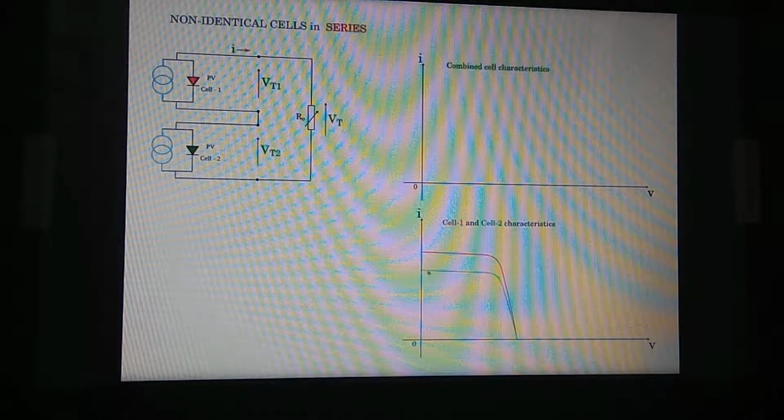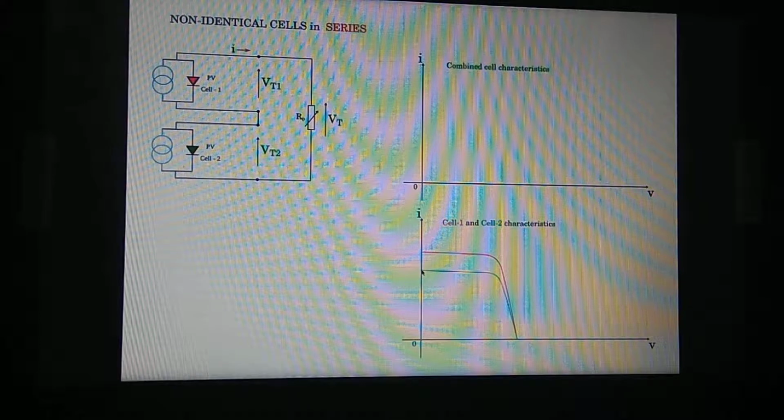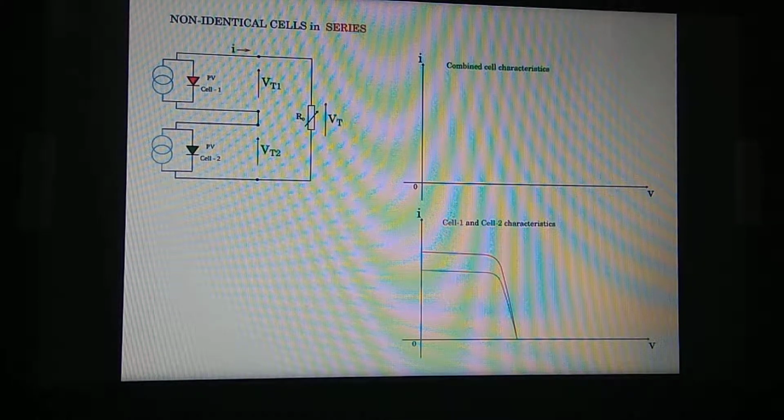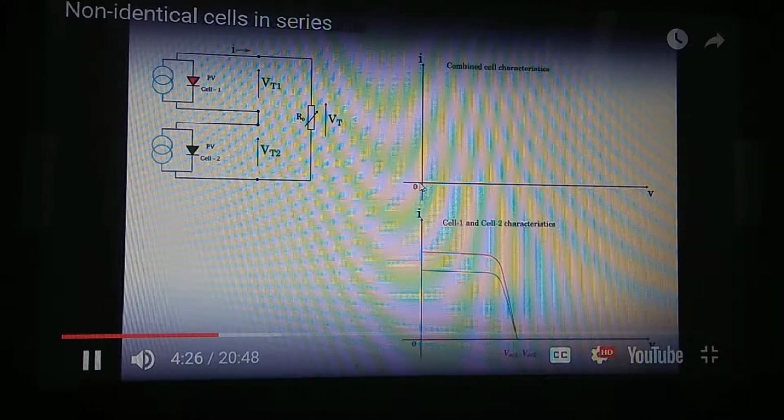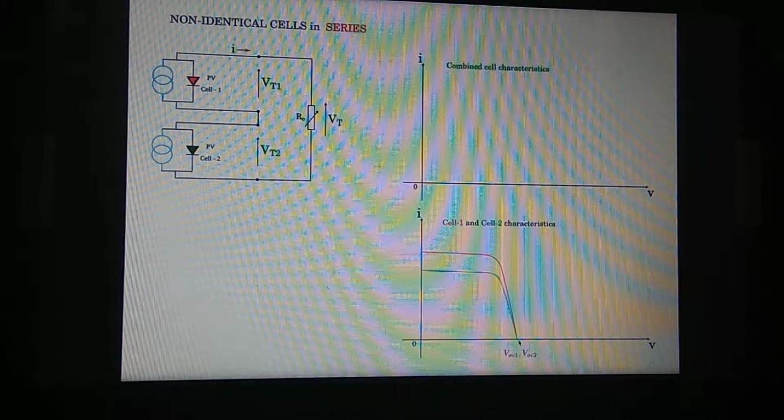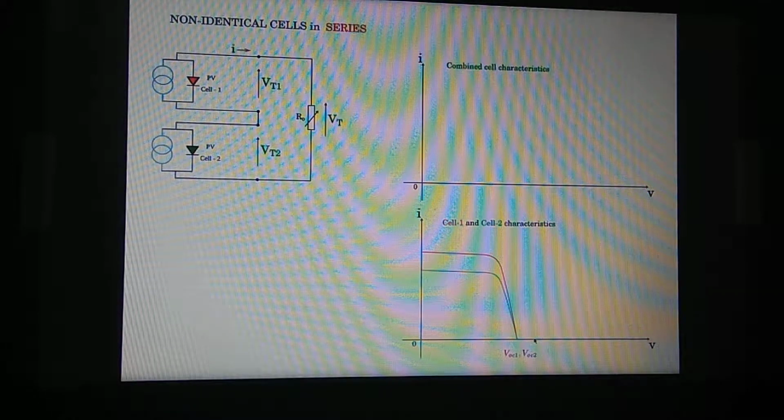I have indicated the IV characteristic of PV cell 2 slightly lower than that of PV cell 1, indicating that the short circuit current of PV cell 2 is smaller, meaning that this cell is shaded. I have considered the open circuit voltages VOC1 and VOC2 as the same for both the cells as shown here. The short circuit currents ISC1 and ISC2 are as shown here.